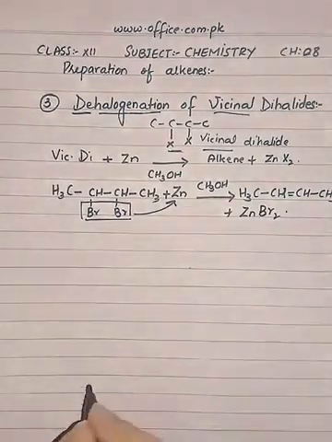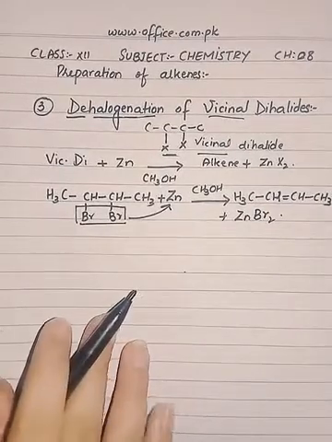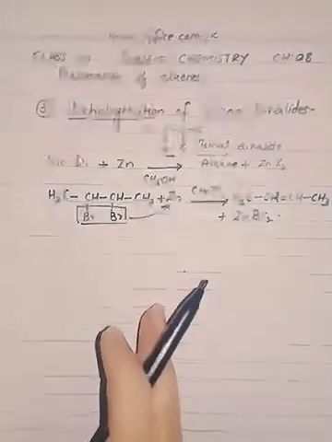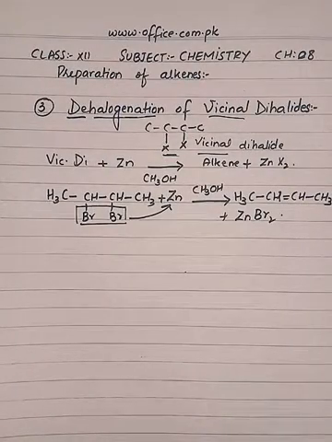This is the product. So we will get 2-butene as well as zinc bromide. So this is the preparation of alkenes with the help of vicinal dihalides.